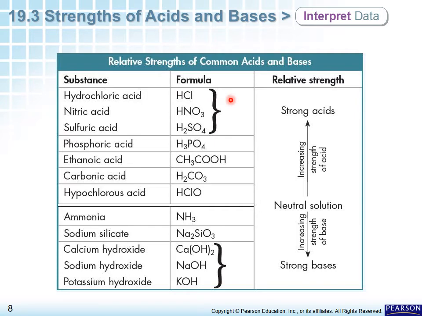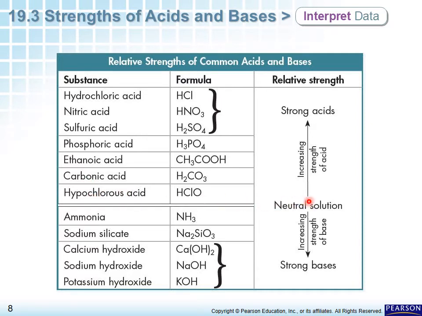There are a few examples of acids which are going to be ionized, which one and which one not. Look here: hydrochloric acid, nitric acid, sulfuric acid are going to be ionized completely in the aqueous solution. That's why they are called strong acids. Now phosphoric acid, ethanoic acid, carbonic acid, hypochlorous acid.